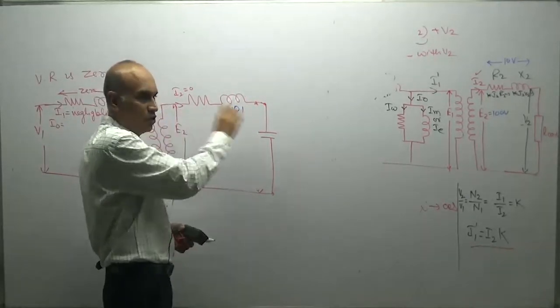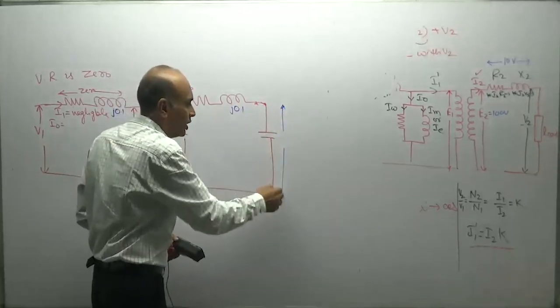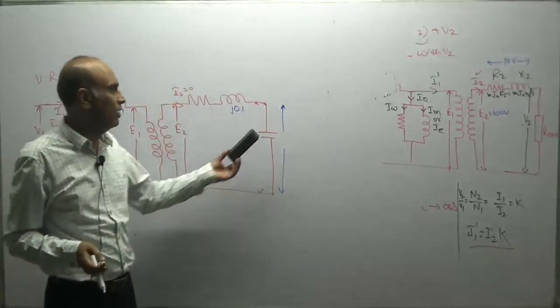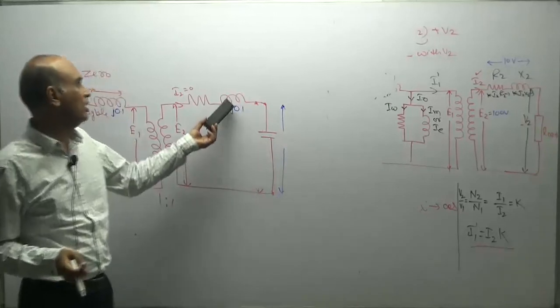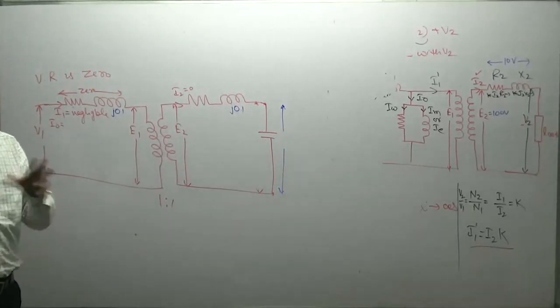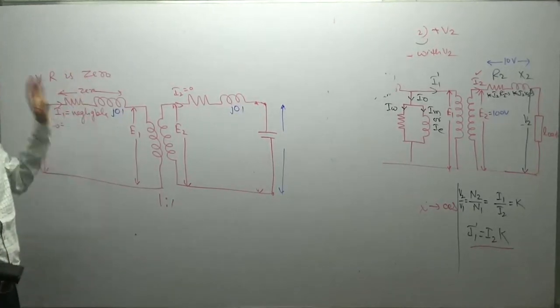So there is a voltage drop in series parameters, but capacitor will try to increase the voltage. So if the value of capacitor is very small and it will try to increase the voltage, these parameters try to decrease the voltage, then both will be balanced, and in that case also voltage regulation will be 0.